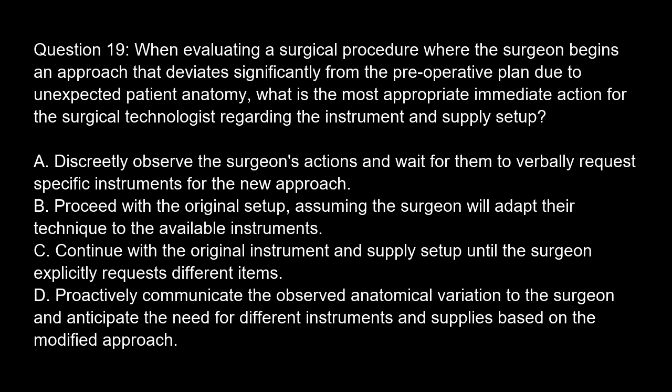Option B. Proceed with the original setup, assuming the surgeon will adapt their technique to the available instruments. Option C. Continue with the original instrument and supply setup until the surgeon explicitly requests different items. Option D. Proactively communicate the observed anatomical variation to the surgeon and anticipate the need for different instruments and supplies based on the modified approach.